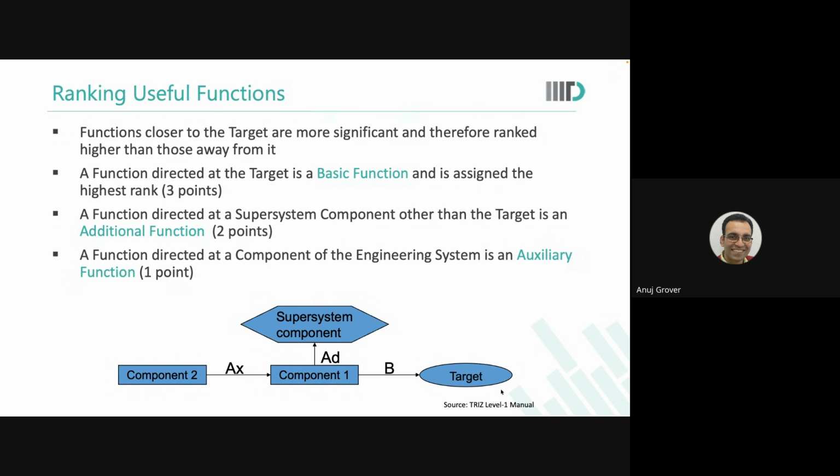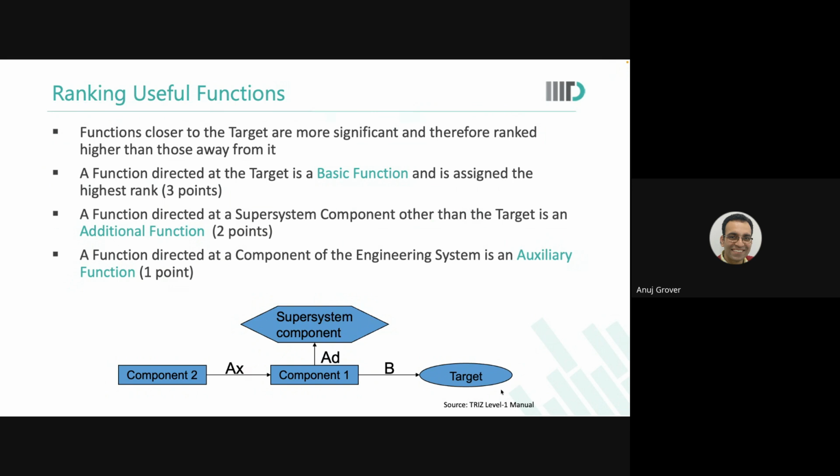And the exercise that I'm going to give you just now. Any function that is happening between the components of my system itself is an auxiliary function. That has a weight of 1. We will review why this is important.